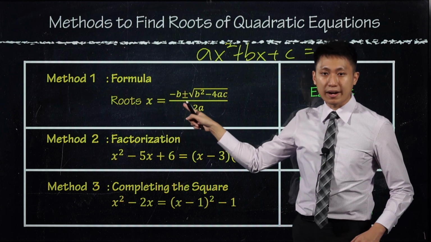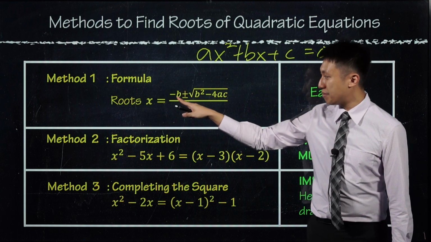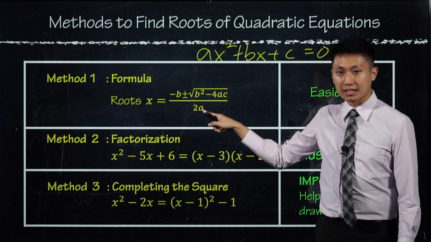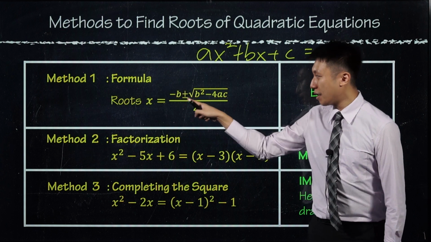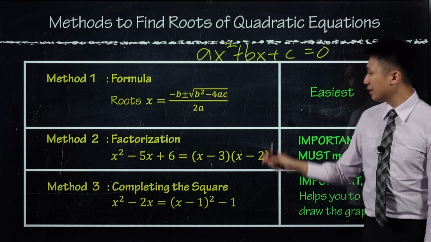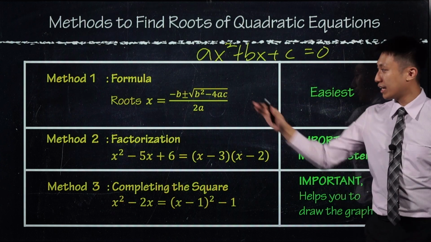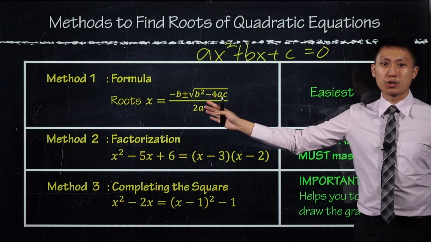What is this plus minus? It means you have 2 answers. One is minus b plus this thing, divided by 2a. The second answer is minus b minus this thing, divided by 2a. Later we will see. This is the easiest, and you must know this method. You must know how to calculate this from your calculator.